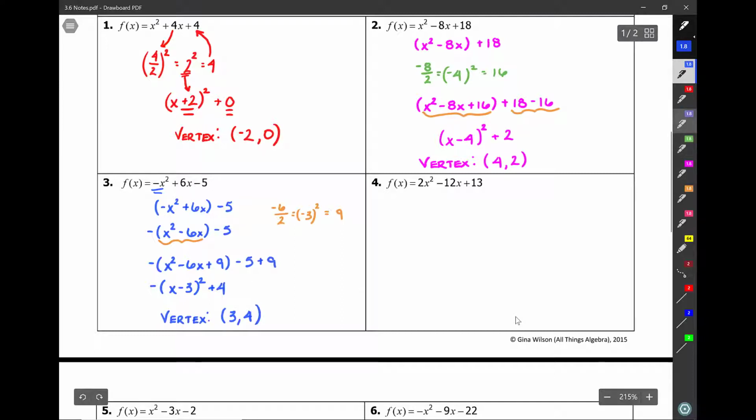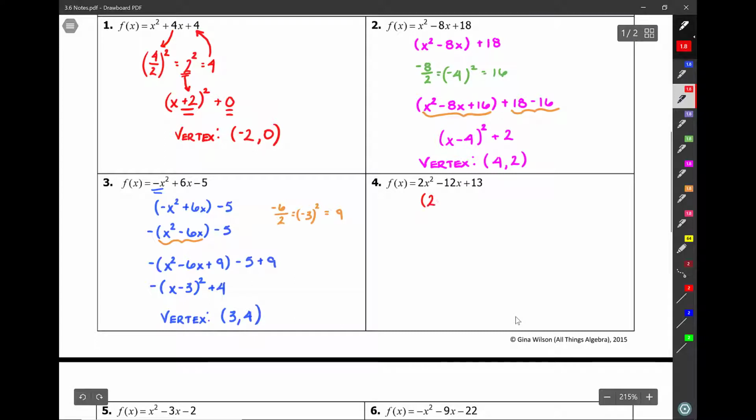So when we look at example 4, this one is a little bit different as well. Example 3, we had the negative in front of the x squared. With example 4, we have a coefficient other than 1 in front of the x squared. But we're still going to start out this same way.